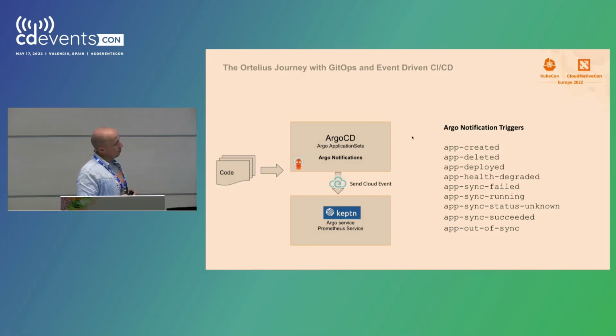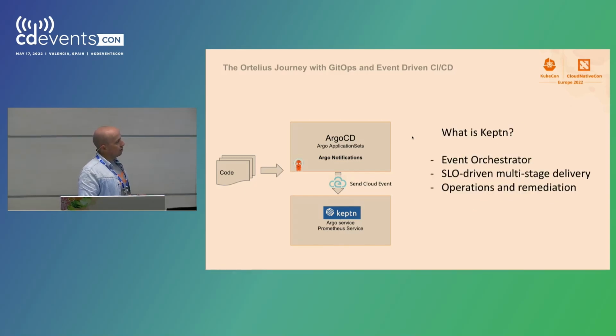First of all, I'll say what is Keptn. It's quite hard to understand what Keptn is when you first look at it. It's an event orchestrator that has many different capabilities. You can bring your own tools to it and connect them in a decoupled way.